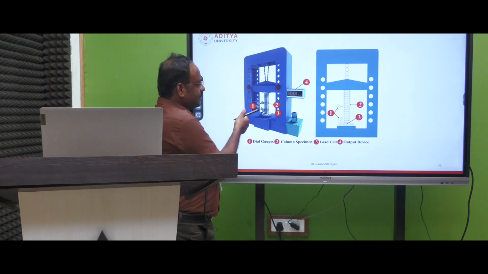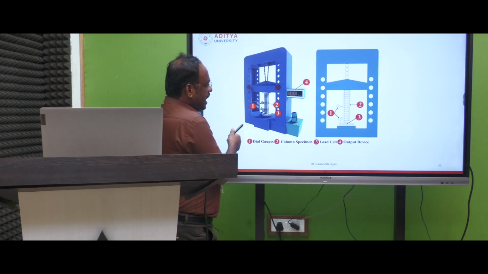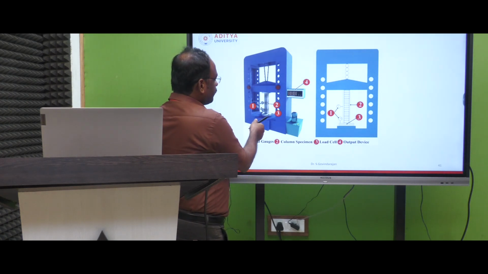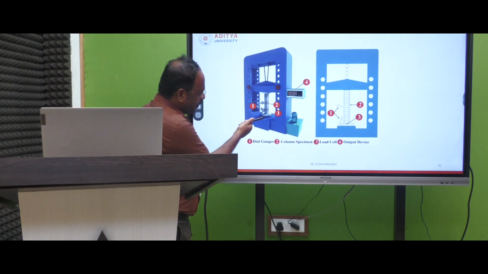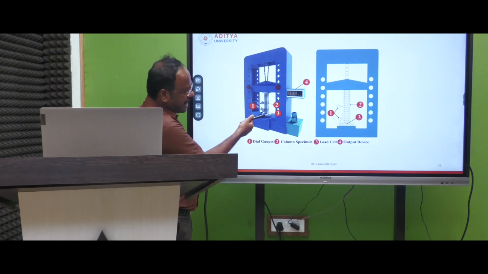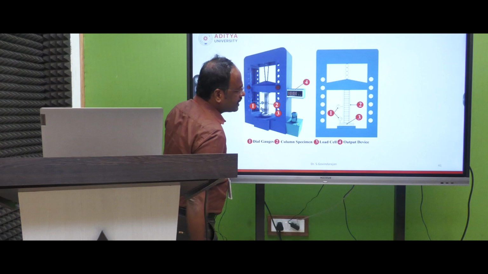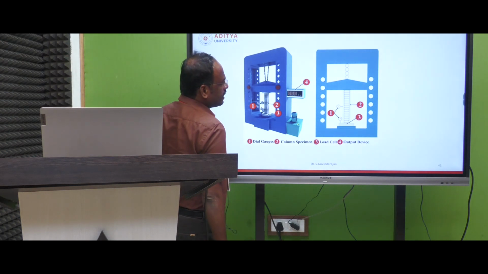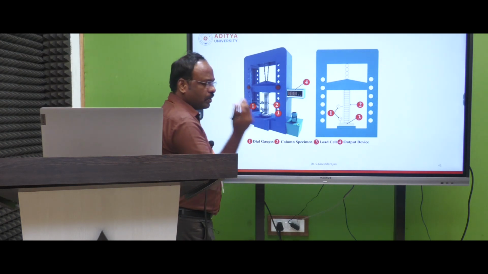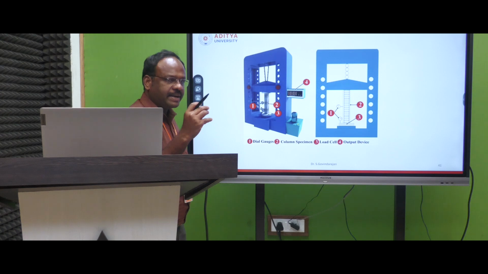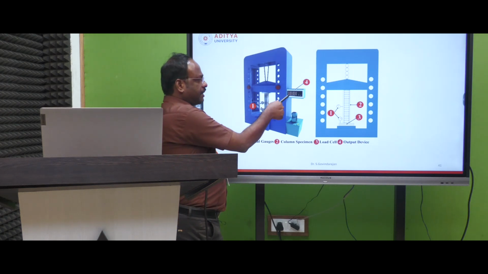So you place the dial gauge in this position, and the third one, the load cell, we take from the bottom side. In this diagram, this is the load cell at the bottom, and the output device shows where the load is acting, how much load is acting, and the dial gauge reading is used to calculate the deformation value.